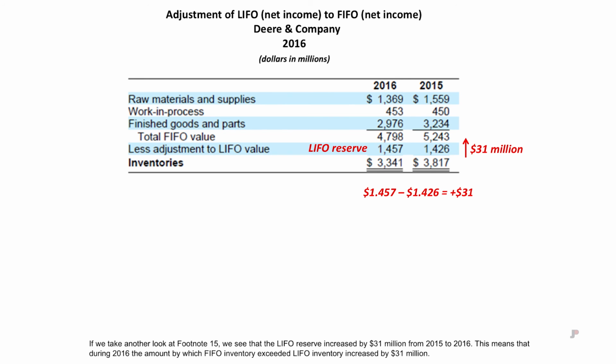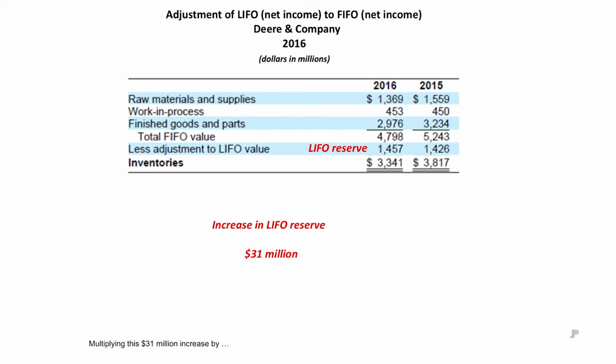If we take another look at footnote 15, we see that the LIFO reserve increased by $31 million from 2015 to 2016. This means that during 2016, the amount by which FIFO inventory exceeded LIFO inventory increased by $31 million.